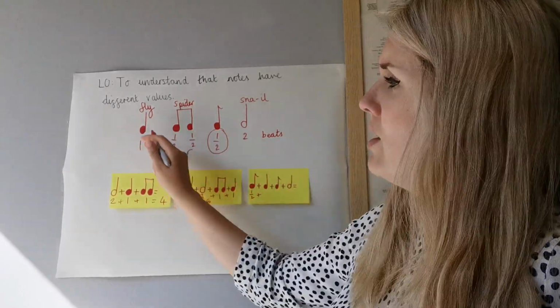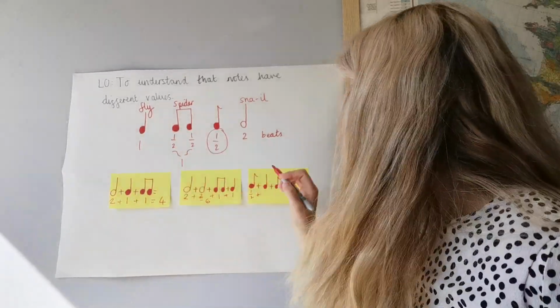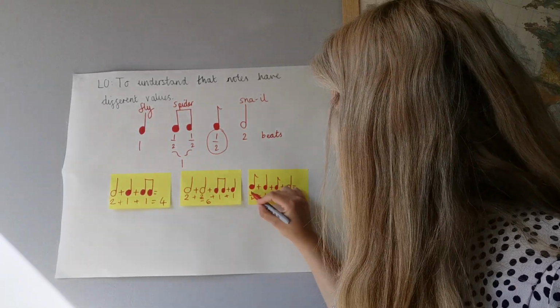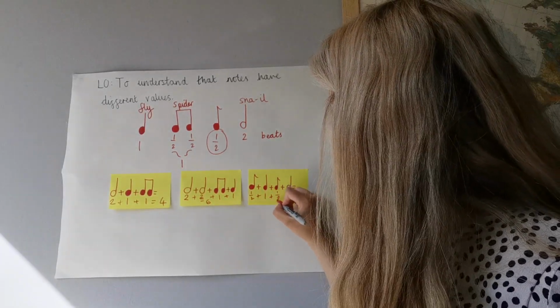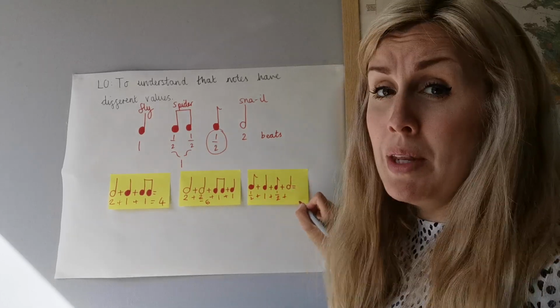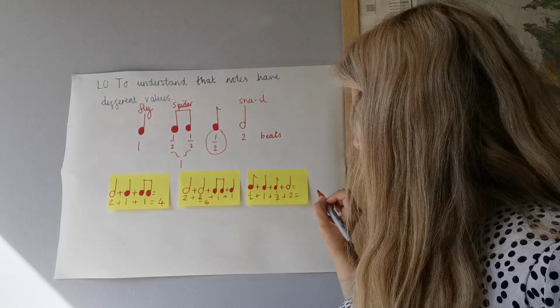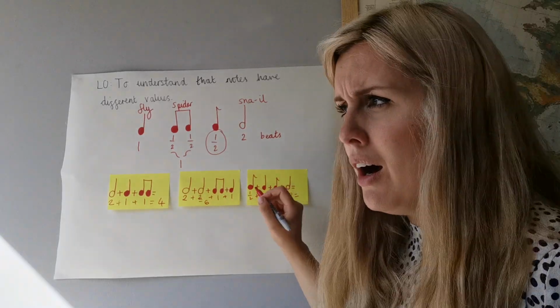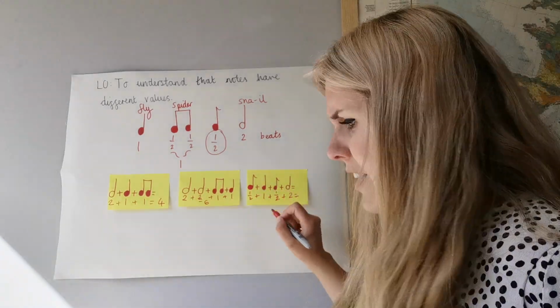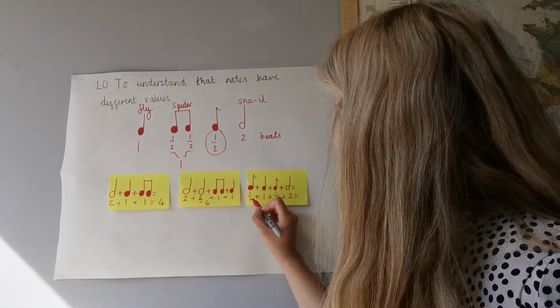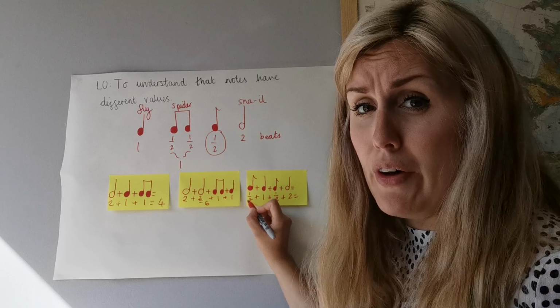Then one crotchet, I know that's one because it's fly. Then I've got another quaver here, so that's going to be another half. And then I'm going to add my minim, which is 2 beats. Now, it might be a bit tricky going half and then add 1, then add another half and then add 2. So I think it would make more sense if we add these 2 halves together first.